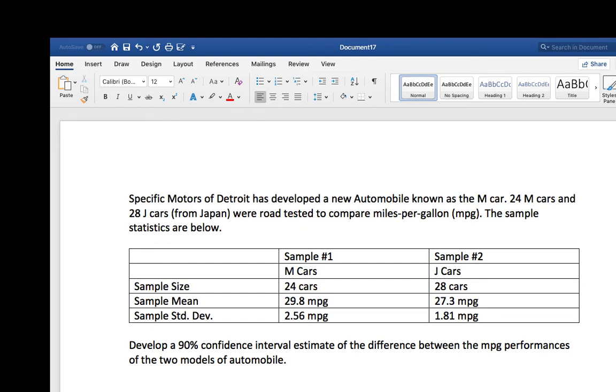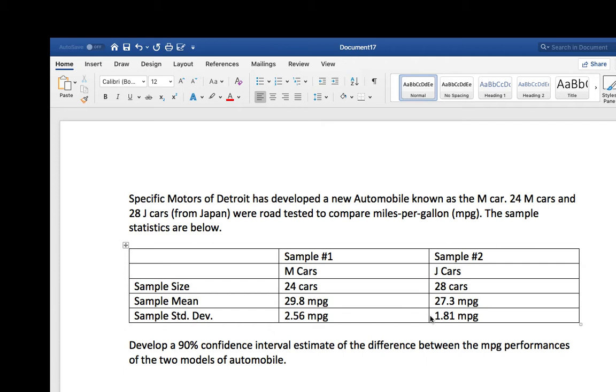So here we're going to do an example of an interval estimation question, similar to what we did before, but in this example there is a difference, which is that we know the sample standard deviation. And when we know the sample standard deviation, it's going to be a t-distribution question.